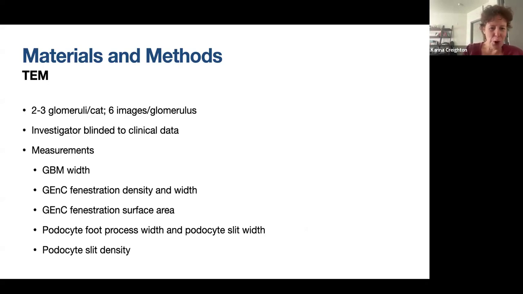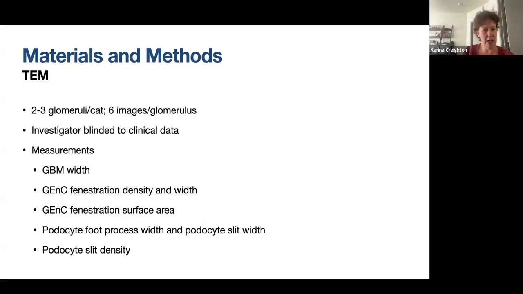I'm not a pathologist, so I'm going to be fairly light on my details about the electron microscopy, but essentially what I believe to be relatively standard fixation and processing techniques for the TEM evaluation. They looked at 2 to 3 glomeruli per cat with 6 images randomly taken of each glomerulus.